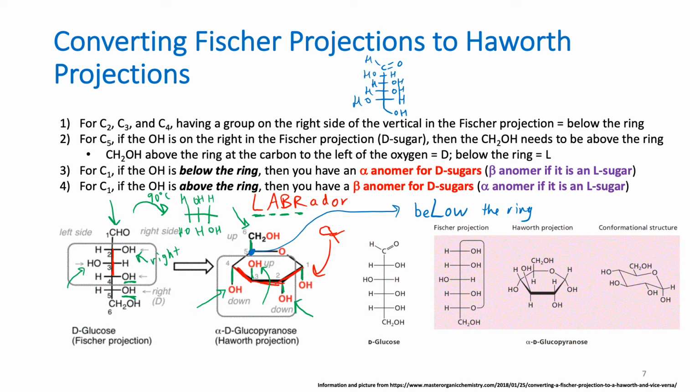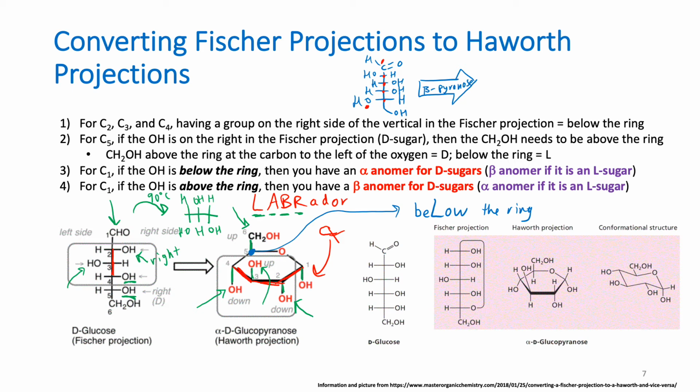I messed that one up, didn't I, class? And let's say I wanted a beta pyranose. Okay, well, first what I need to make sure to know is how many carbons is this? 1, 2, 3, 4, 5, 6. Okay, so that's going to be my skeleton of the 6-membered ring.